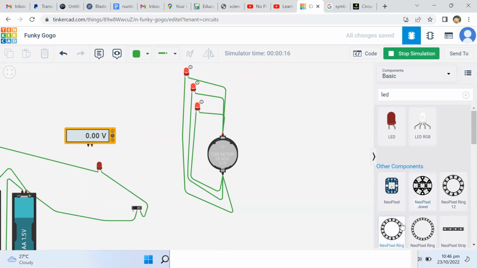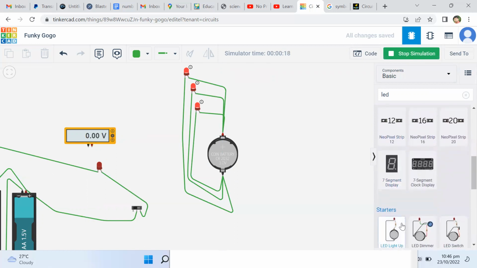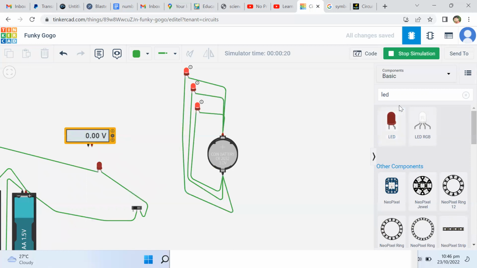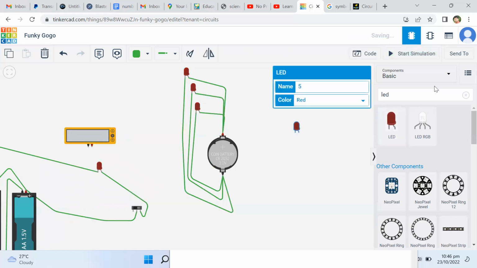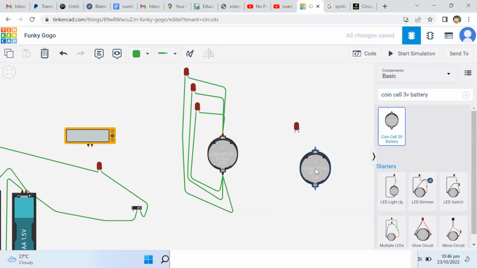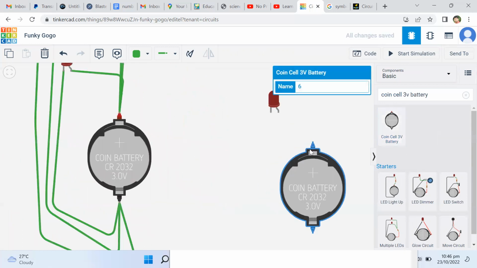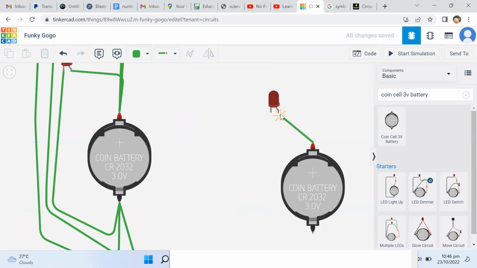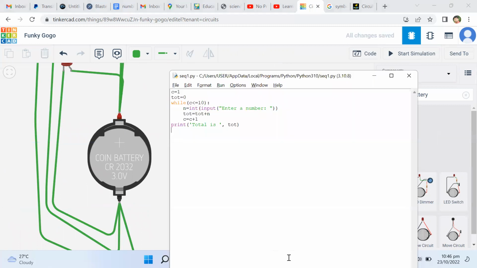What happens if you try to connect the bulbs serially? Let me take an LED similar to this, one LED and one coin cell battery again. Connecting plus to the plus edge, and the cathode to minus.